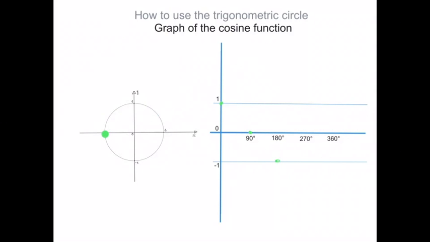In the next quarter turn, the point is going to move like this, so the x-coordinate is going to go from -1 to 0 now. So we can add one point at 270, 0. And finally, as this point here returns back to the starting point through 360 degrees, you see that now its x-coordinate is 1. So the cosine of 360 degrees is going to be 1.